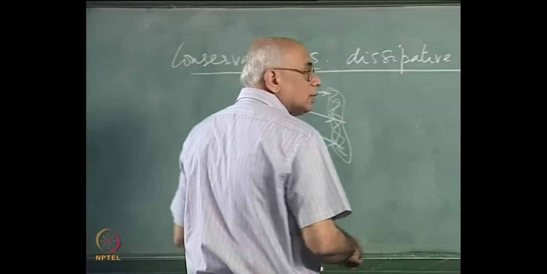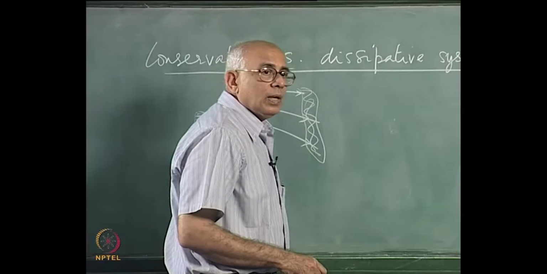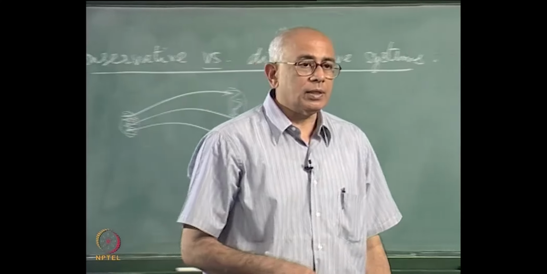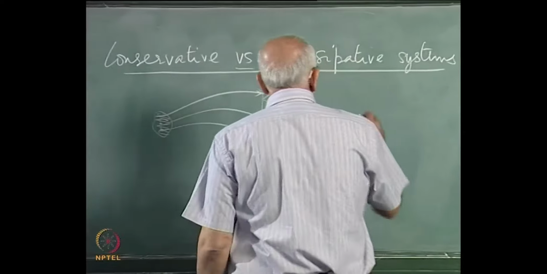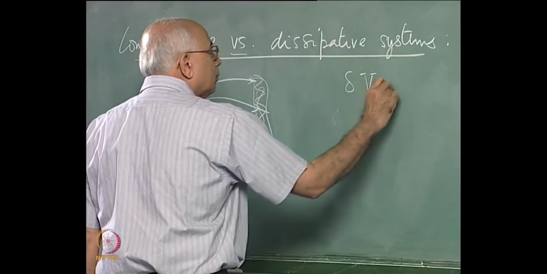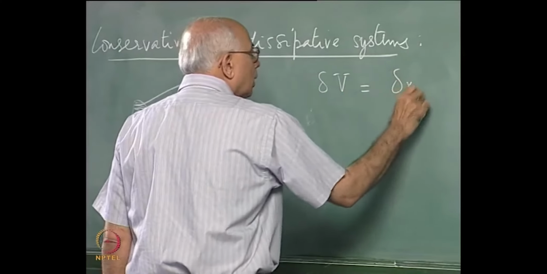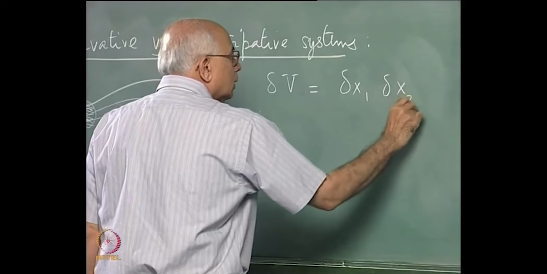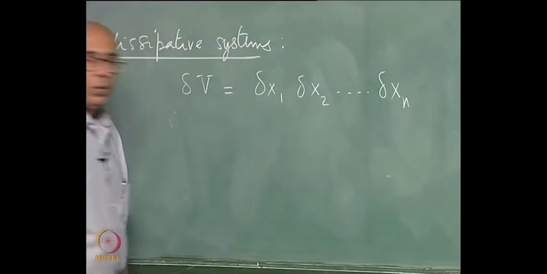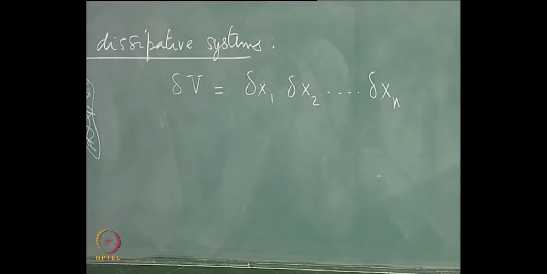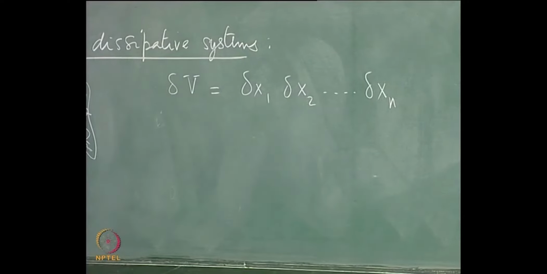So let us start with a set of initial conditions here and ask what the fate of this set is as a volume. Let me start with the volume element delta V, which is equal to a product of infinitesimal differences in all the variables of the dynamical system, delta x1, delta x2 through to delta xn.